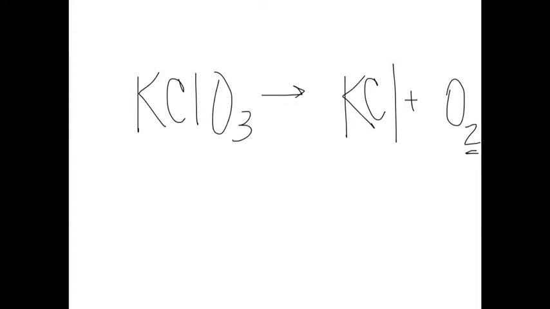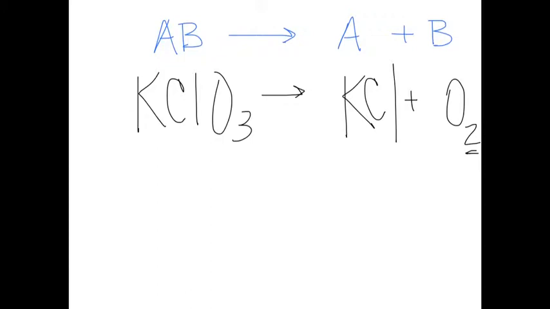So this is a decomposition reaction because one thing, our AB, is breaking down into 2. Now, the only thing that we have to do still is balance this reaction.